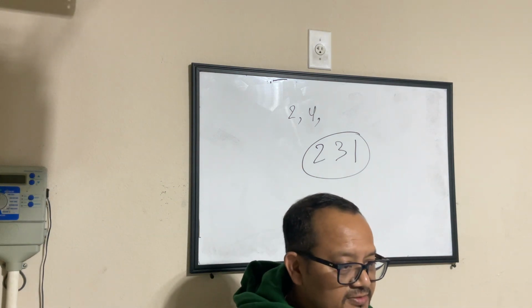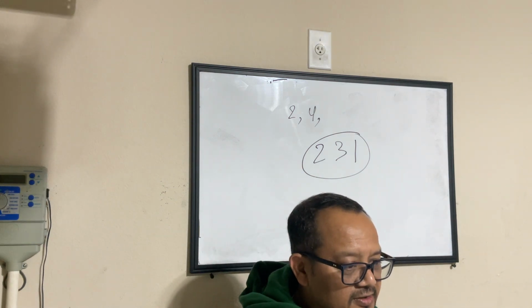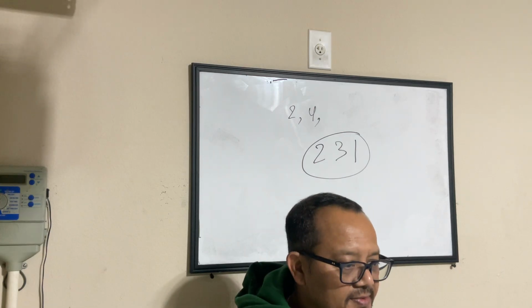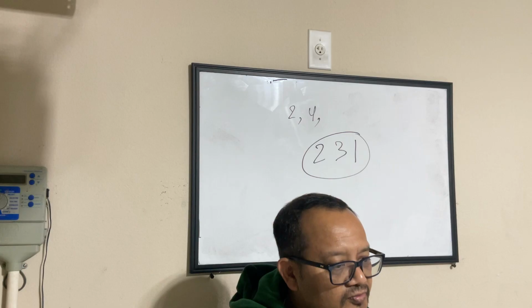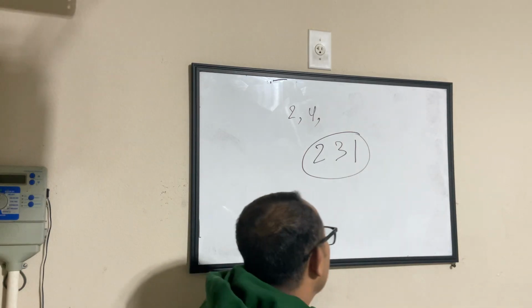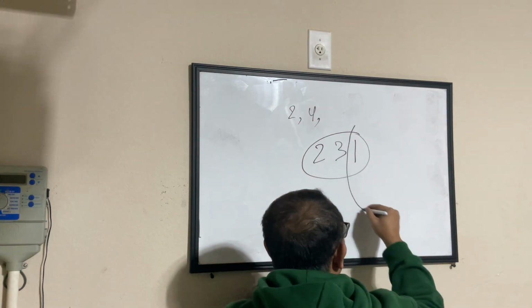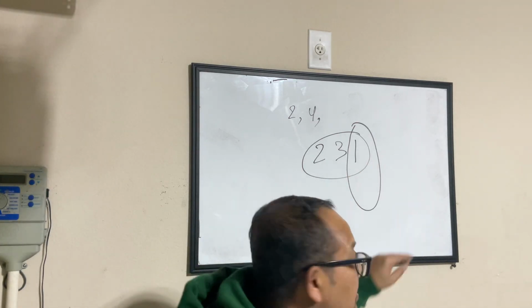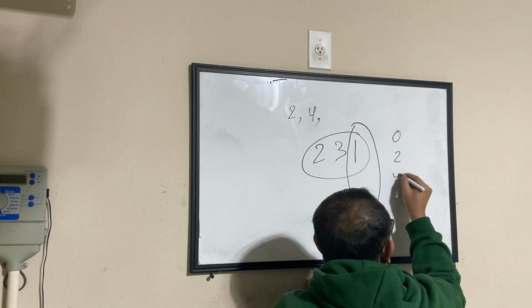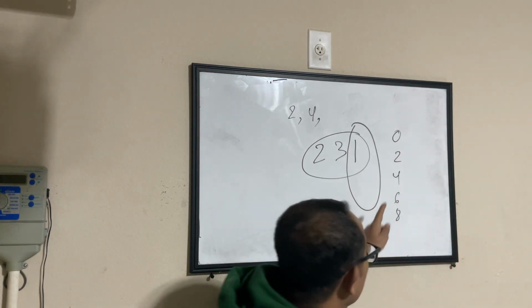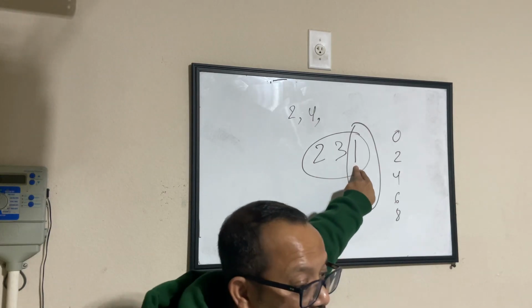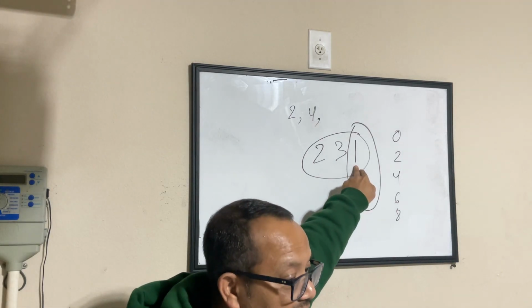I was going to say no because the unit, the ones place, is not 0, 2, 4, 6, 8. Yeah. A simple thing is, you will look at the unit place, and if that unit place is even, meaning 0, 2, 4, 6 or 8, then we can say this can be divided. If the unit place is not even, that gives you a clue that it cannot be divided.